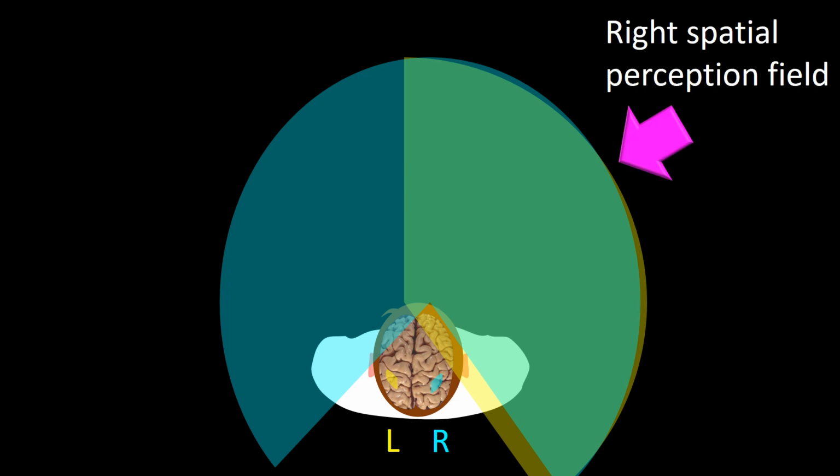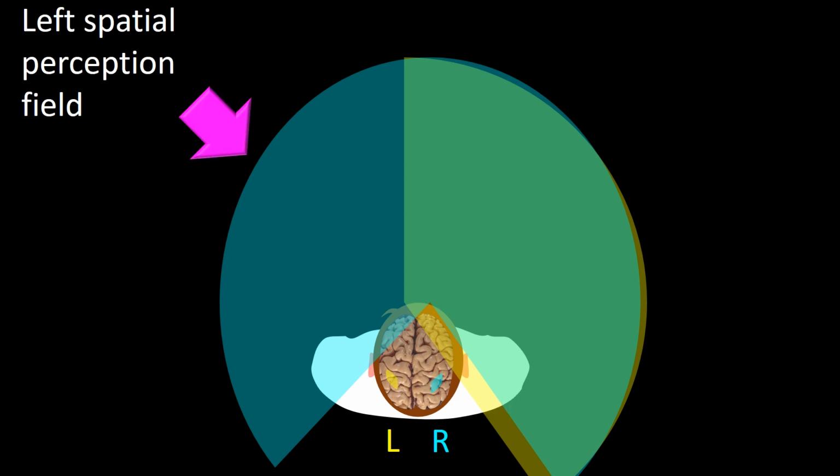The right spatial perceptional field is surveyed by the left and the right posterior parietal regions, whereas the left spatial perceptional field is surveyed only by the right posterior parietal region.